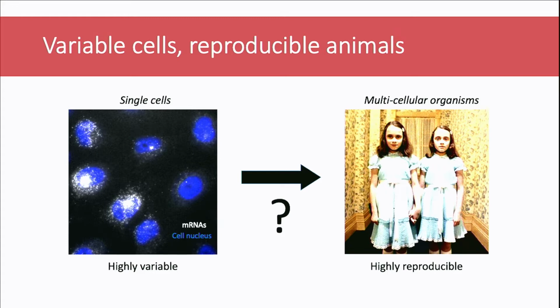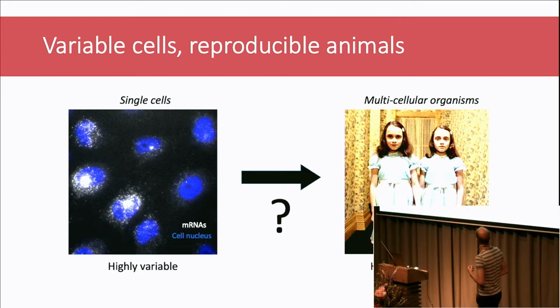Namely, that on the one hand, we know that all our cells on the single cell level are strikingly variable, for instance, in terms of gene expression. Yet somehow, when they come together and build bodies, they can make these incredibly, mind-bogglingly complex structures, but they do so seemingly without error, and even better, they do it to almost identical specifications. And so we want to understand, how does this happen?